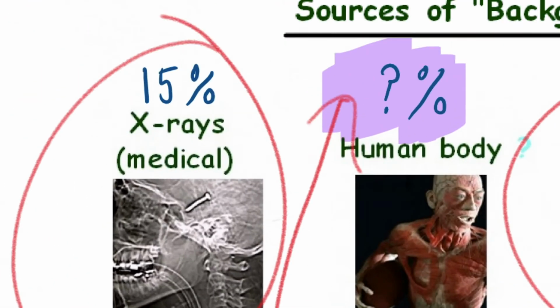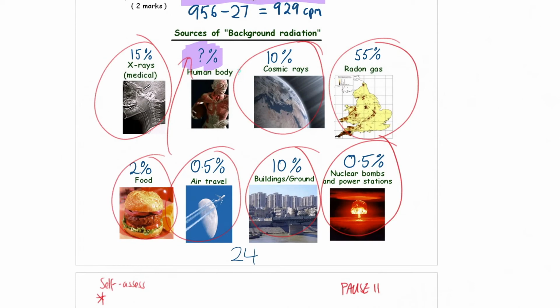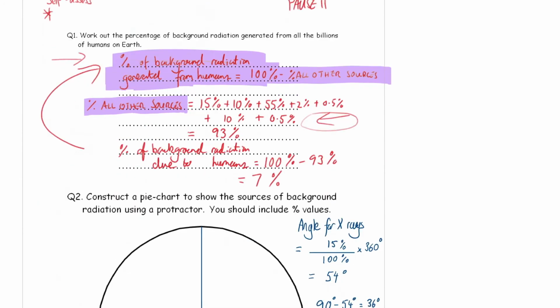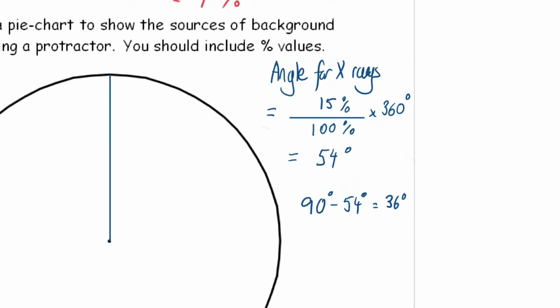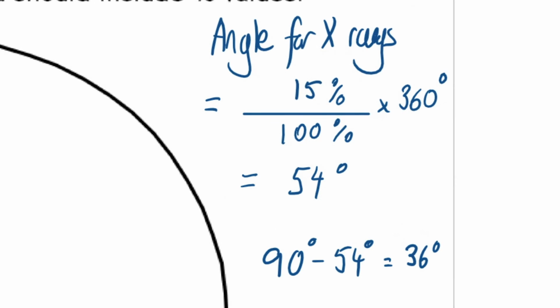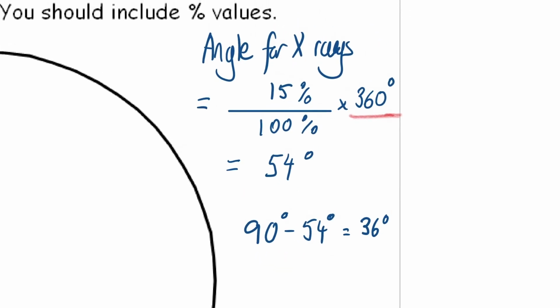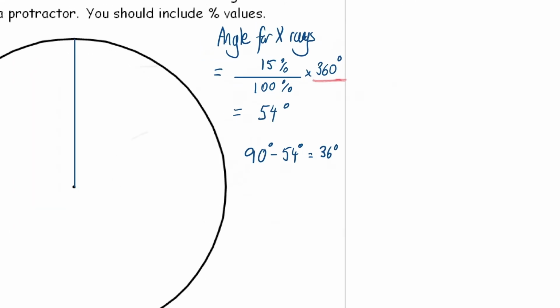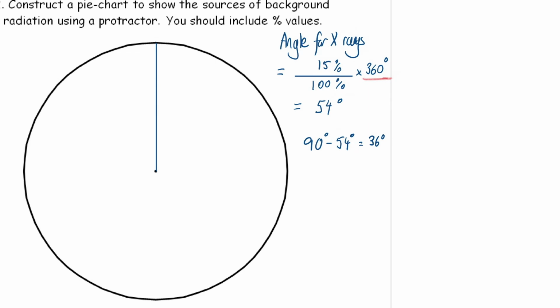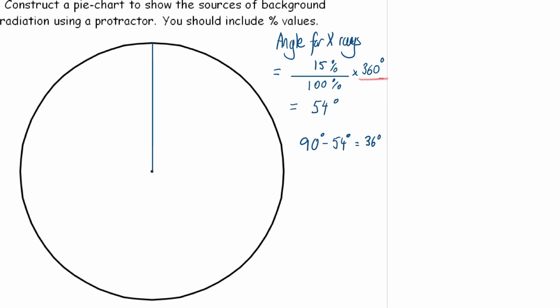You get that 15%. You divide that by 100% and multiply by 360, which is the number of degrees in a full circle. Remember 180, if you do a 180, you go around half a circle, 360 all the way around. And so that's 54 degrees.